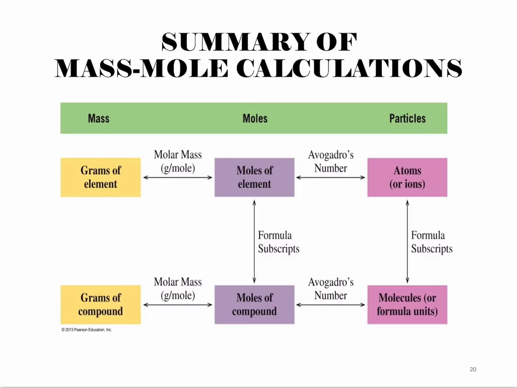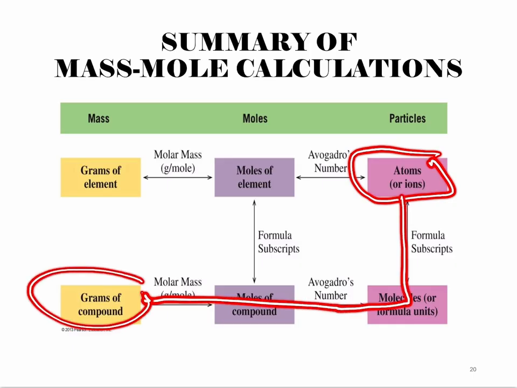Why? Because if you know what you're given and you're asked to solve for something else, you can just follow this flow chart, and that will always tell you how to get to whatever it is you're after.